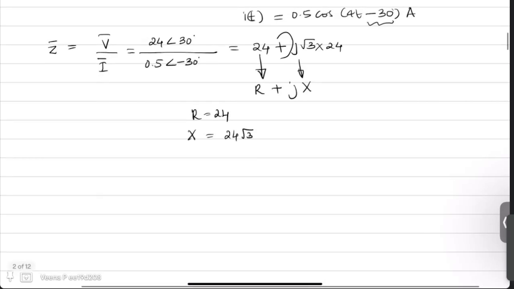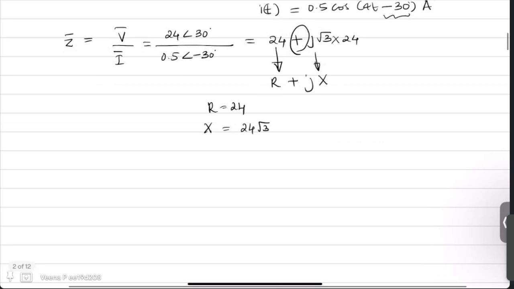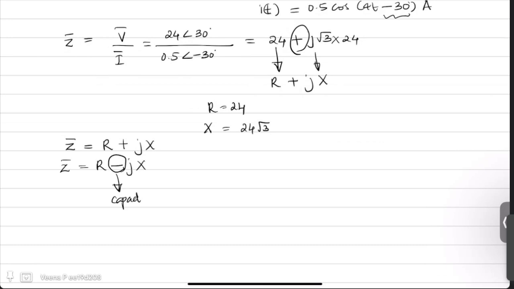If you observe the sign, you have two types of impedances, one inductive and another capacitive. So Z could be R plus jX, or Z could be R minus jX. The sign will be negative in the case of a capacitive circuit, and the sign is positive for an inductive circuit.